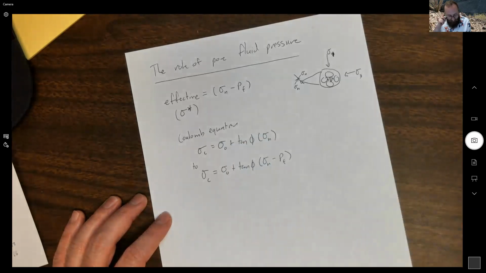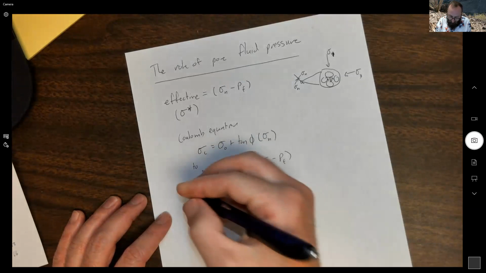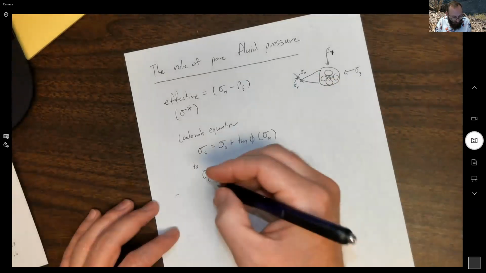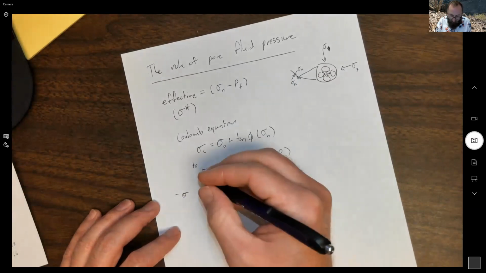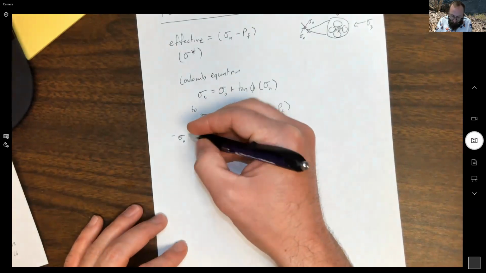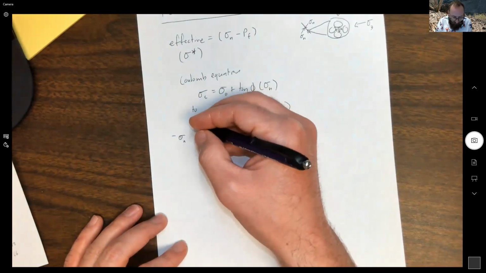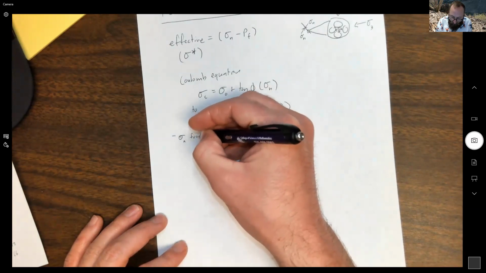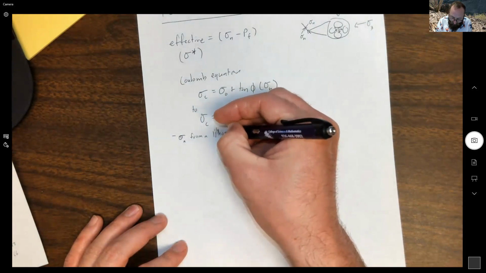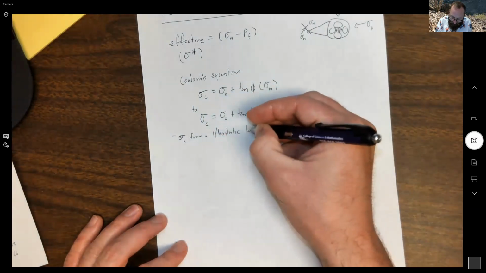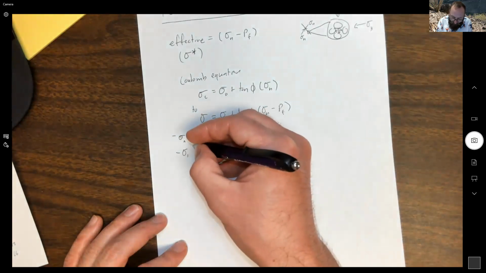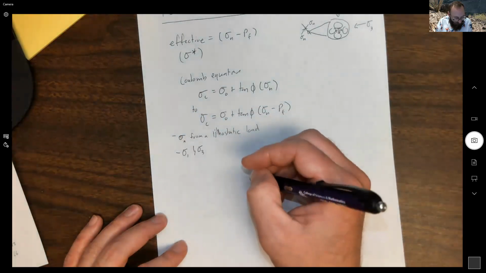Okay, so let's demonstrate this. Let's just say we have a simple column of rock. We're going to think about what the stresses are at some particular place in the Earth. If our normal stresses are just simply from a lithostatic load, we want to know what sigma 1 and sigma 3 are.